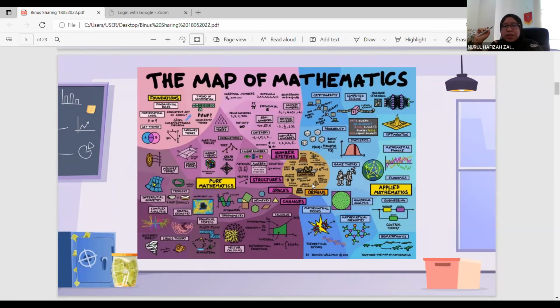That's why some people say that mathematics is a universal language. People from other countries may learn English, like we can speak English and you can understand. Or even if I speak in Malay, you can also understand because it is serumpun, the Malay language. But mathematics is also a universal language.